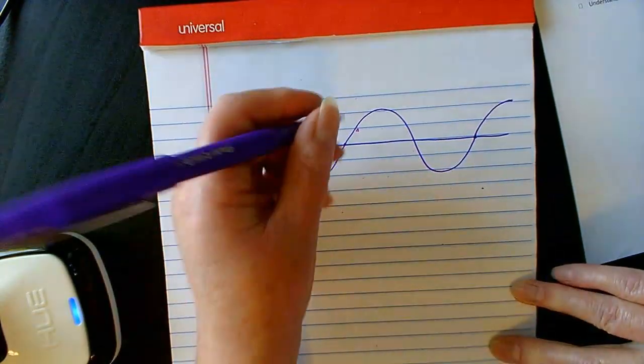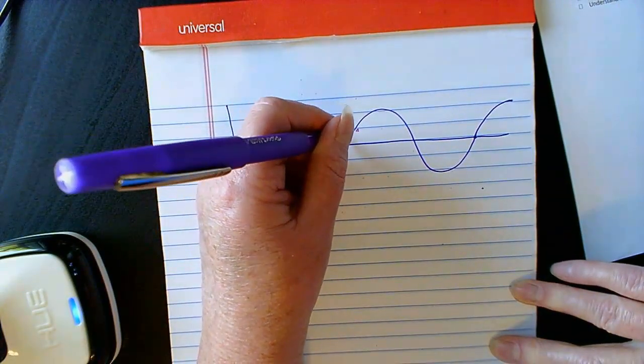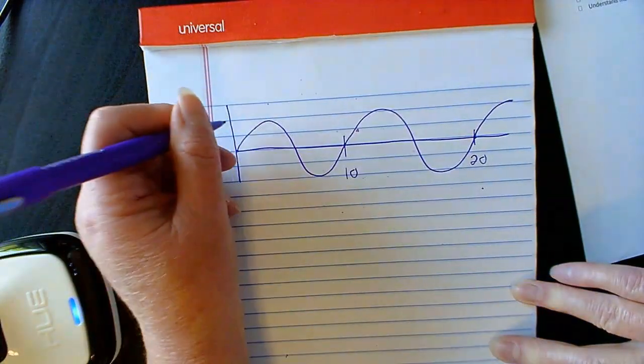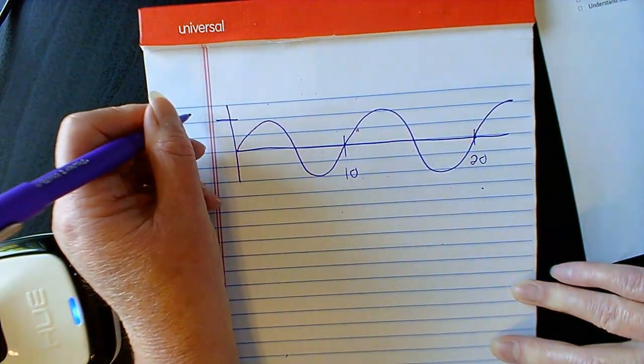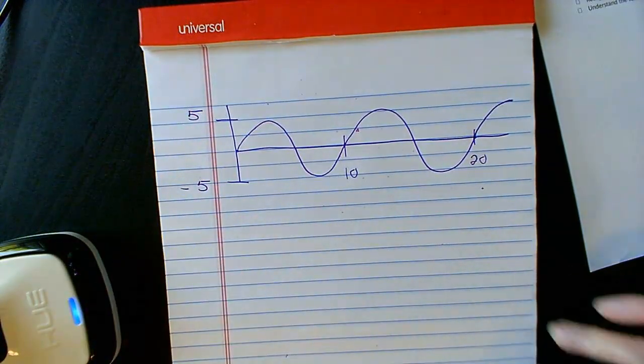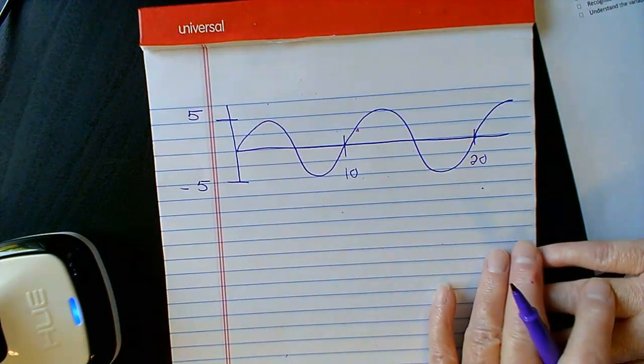We'll try this. We're going to call this 10. I'm going to call this 20. And we're going to call this 5 and this 5. We'll pretend everything's in centimeters.